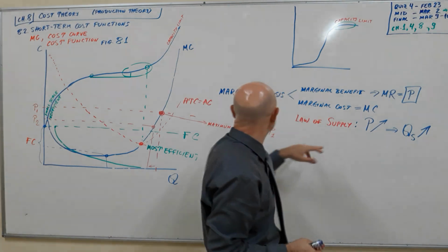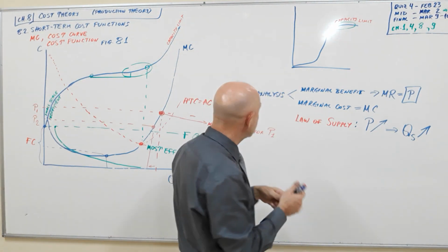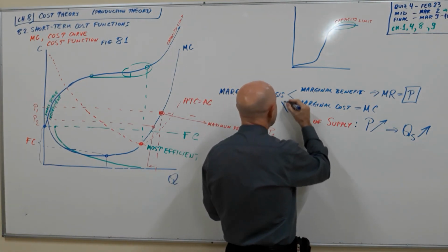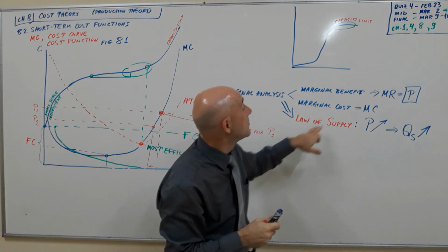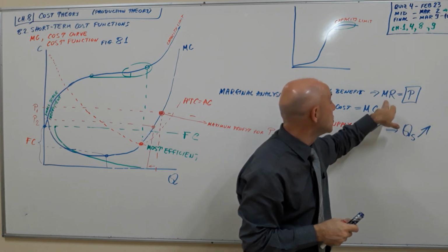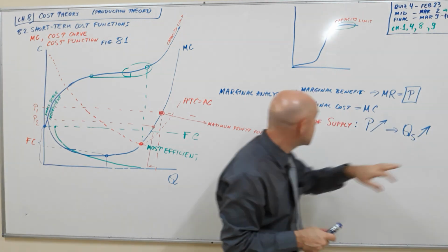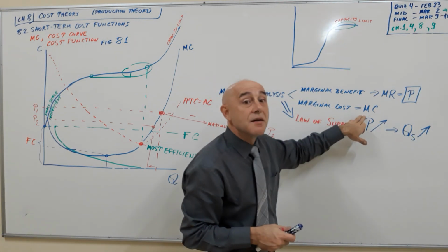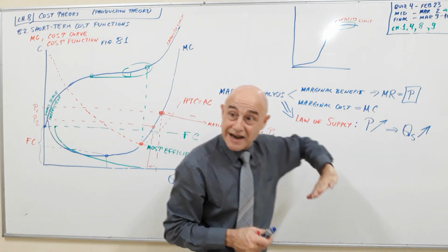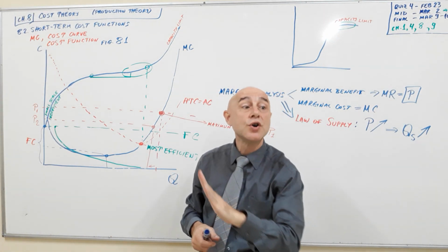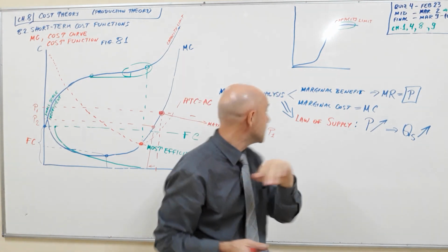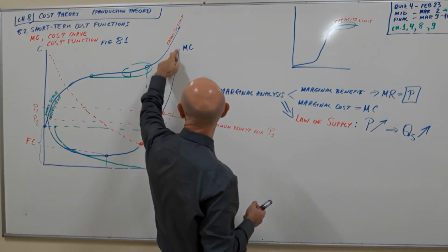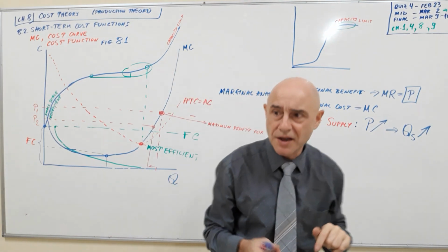The law of supply follows from marginal analysis, from the fact that the marginal revenue equals the price, and from the fact that marginal cost at one point begins to rise. Always sooner or later rises. Now, again, why would marginal cost rise rapidly?